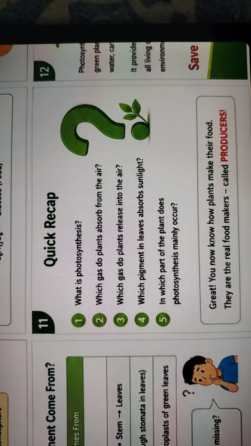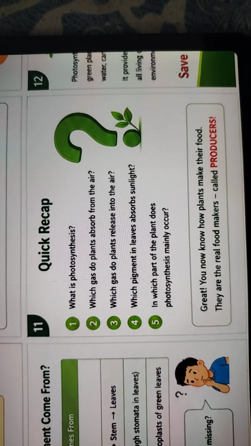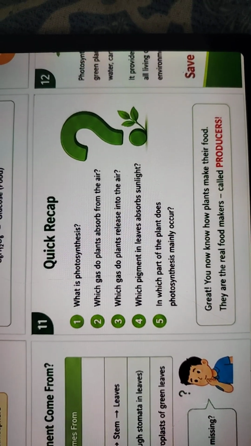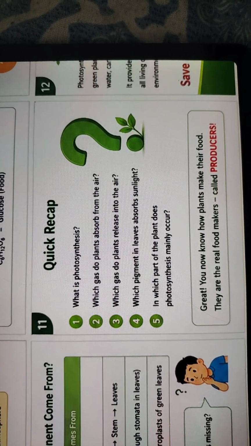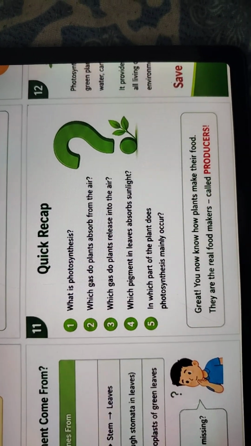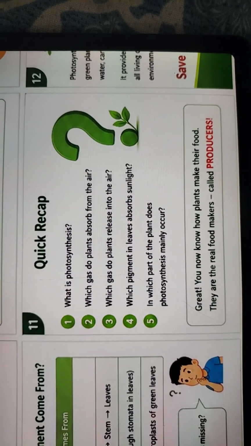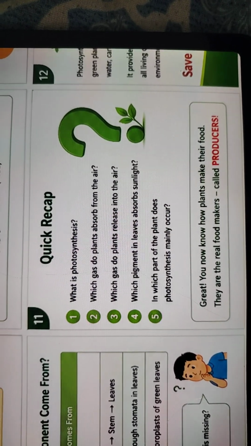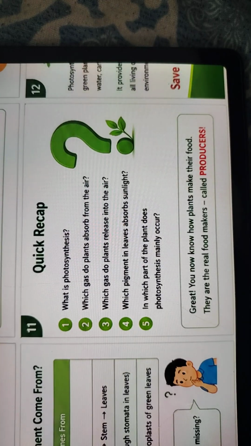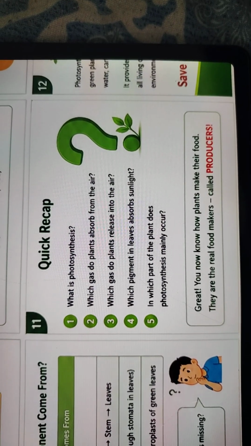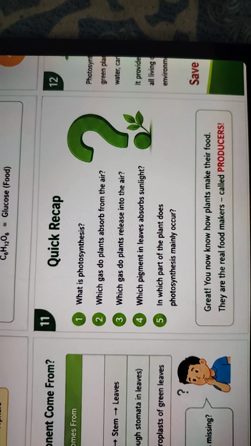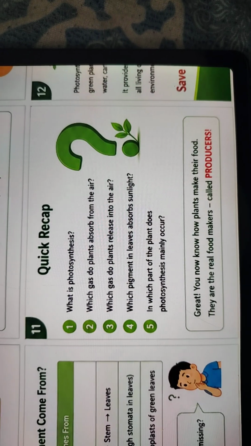Which gas do plants absorb from the air? That is carbon dioxide, CO2. Which gas do plants release into the air? Oxygen, that is O2. Which pigment in the leaves absorbs sunlight? Chlorophyll. In which part of the plant does photosynthesis mainly occur?